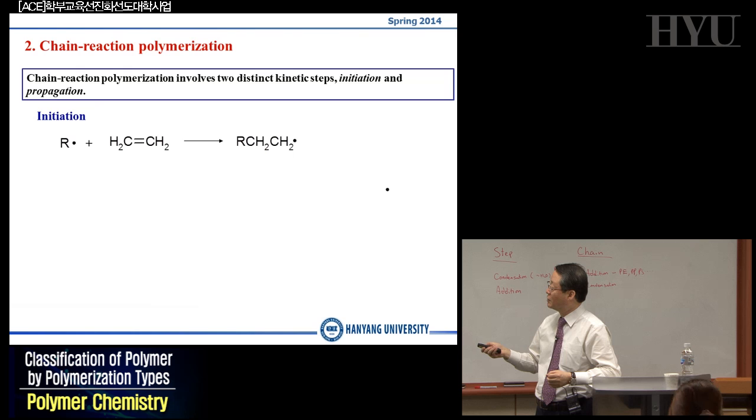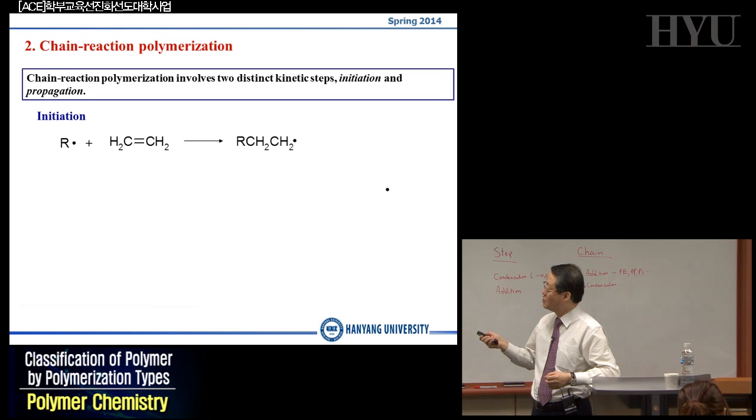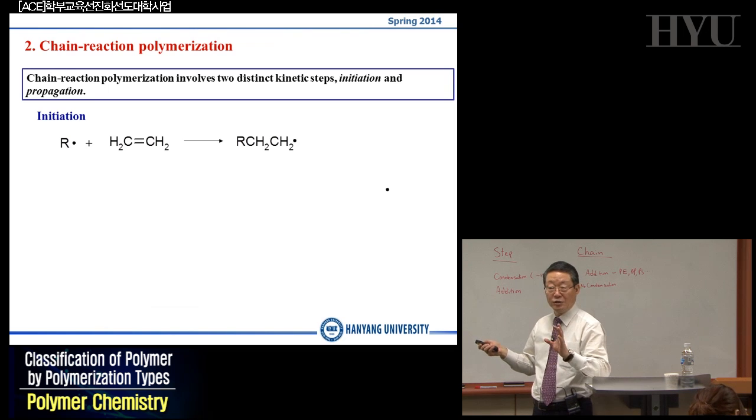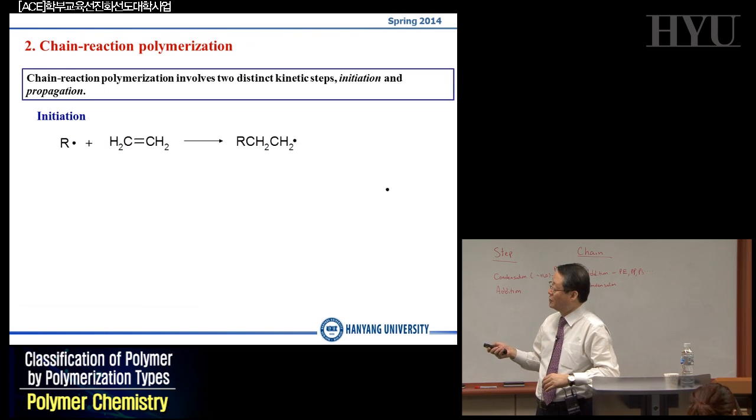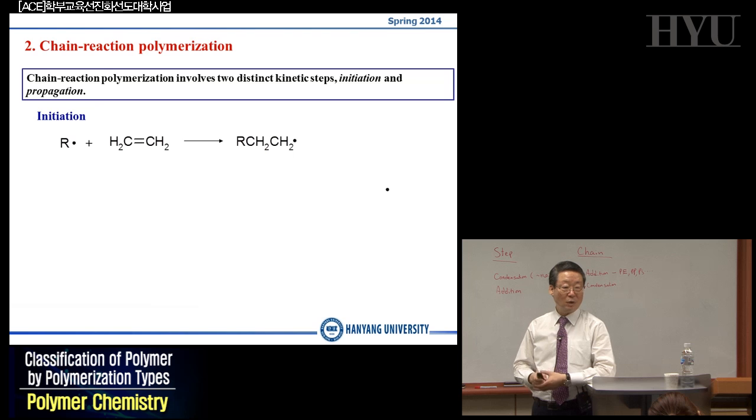One of these radicals from one carbon will combine to become the covalent bond, and the second radical remains at the end, at the initial stages. So initiation means that you have one radical on the left-hand side and another radical on the product side as well. So you have radicals on both the left and right.